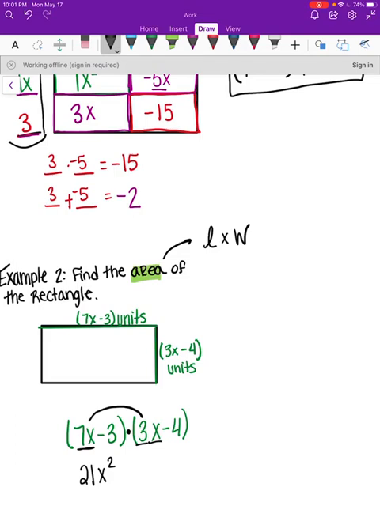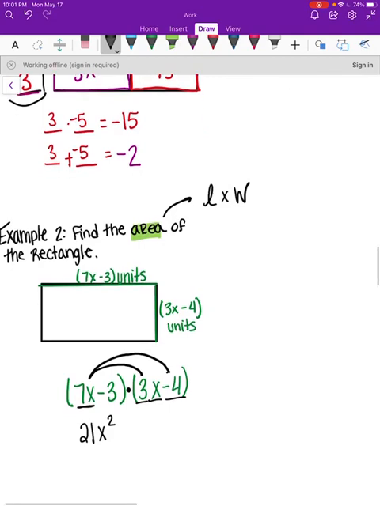Then I'm going to multiply 7x by the other thing in the parenthesis, which is negative 4. 7x times negative 4. Well, 7 times negative 4 is negative 28. Then we have the x. Now we're going to do the same thing with the negative 3. I'm going to take this negative 3 and multiply it by everything in the other parenthesis.